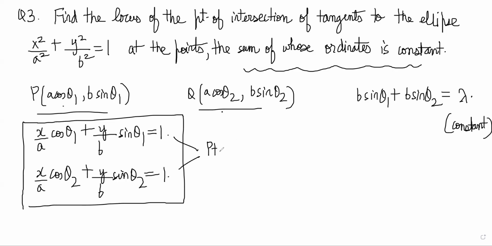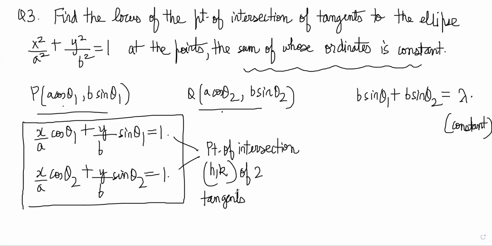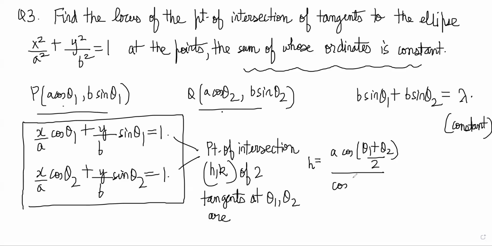The point of intersection h comma k of two tangents at theta 1 and theta 2: when you solve these equations for x and y, you will end up getting this. h should be a cos of theta 1 plus theta 2 by 2, by cos of theta 1 minus theta 2 by 2.